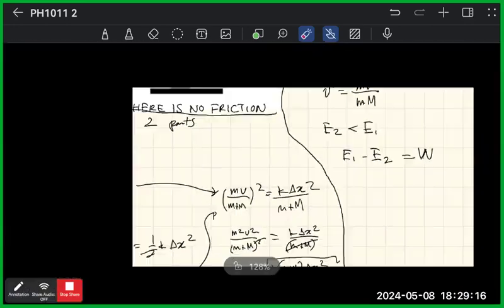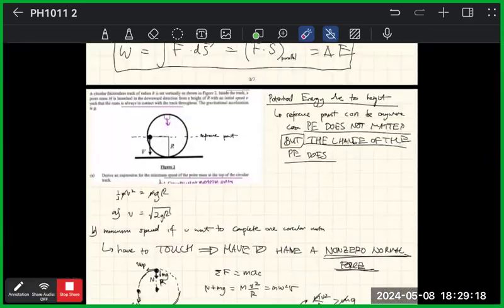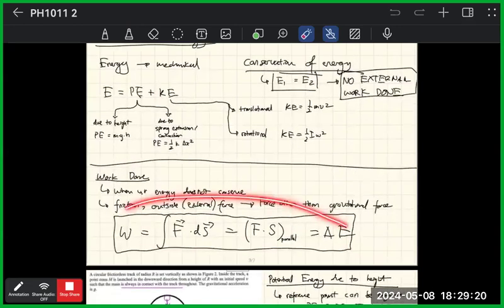If you want to use the formula, you have W equals delta E, and obviously delta E is always the final energy minus the initial energy.